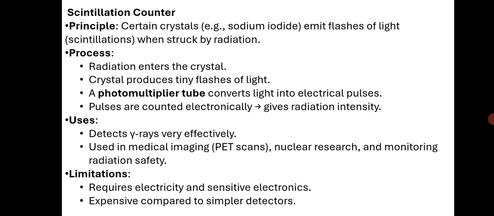So we are going to discuss these two in order. So we start with scintillation counter. The scintillation counter is simply a simple device that can be used to detect nuclear radiation. It works on the principle that certain crystals, known as scintillating material, for example sodium iodide, will emit flashes of light which are called scintillations, when struck by radiations.